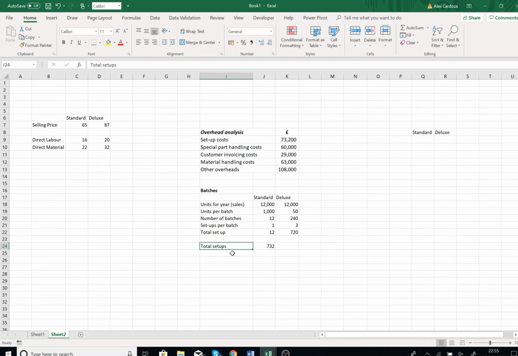So you've got total setups, and then setup costs, which is 73,200. So cost per setup is that divided by that, which is 100. So it's 100 costs per setup.